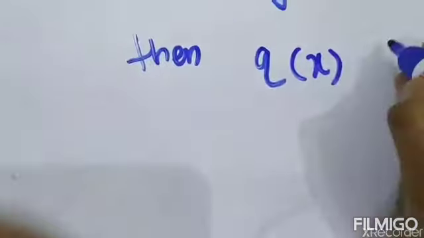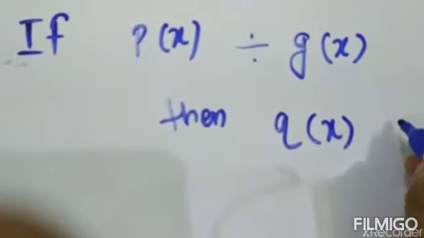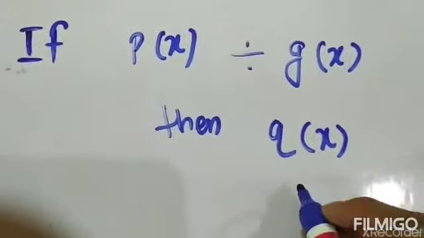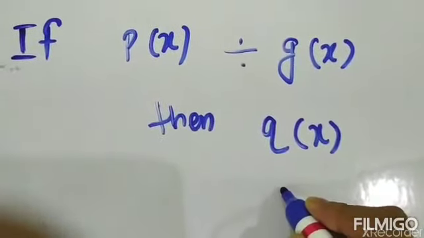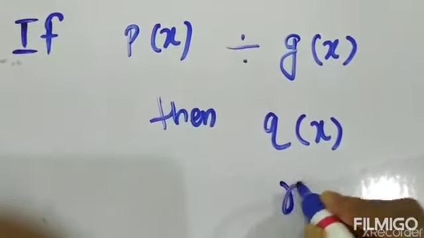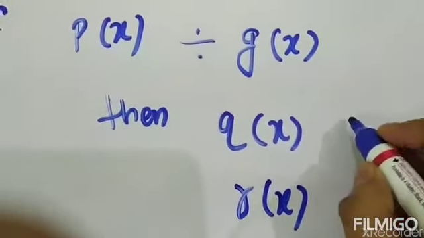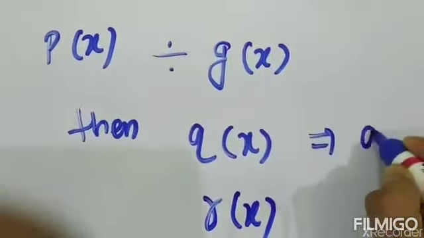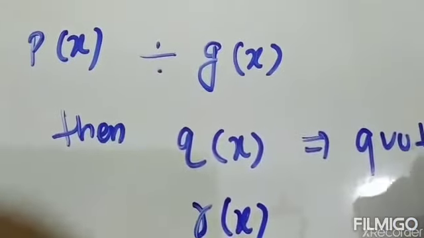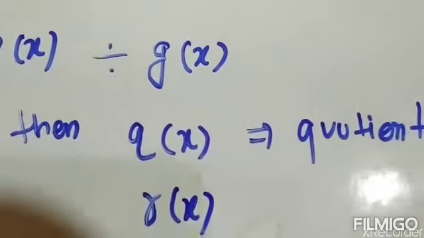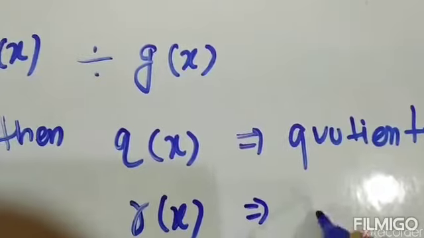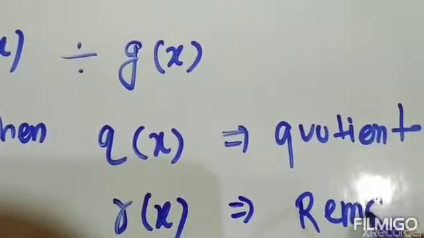We will get Q of x, which is the quotient, and R of x, which is the remainder.